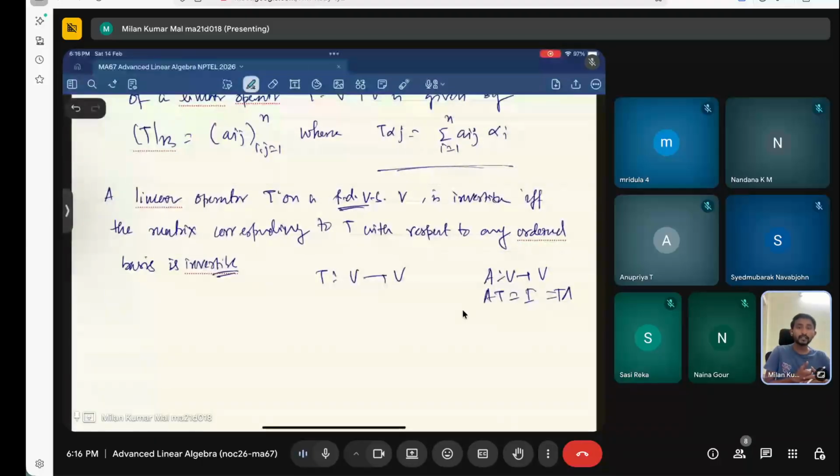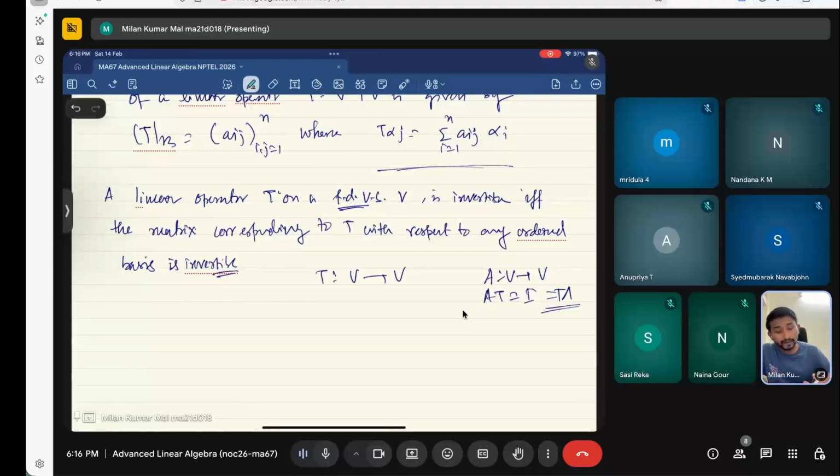And we already stated in the previous tutorial that a linear operator on a finite dimensional vector space is invertible if it is either bijective or injective or surjective. If it is injective, it automatically becomes surjective. Injective means one-one, and if it is surjective, then it automatically becomes one-one. That is equivalent to the fact that T of alpha equals 0 implies alpha equals 0.